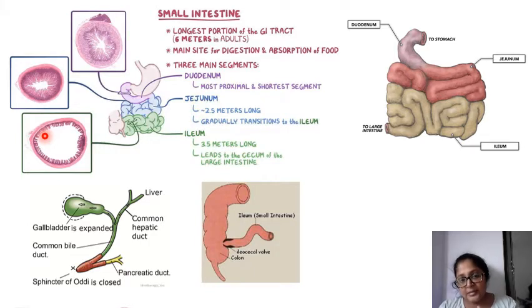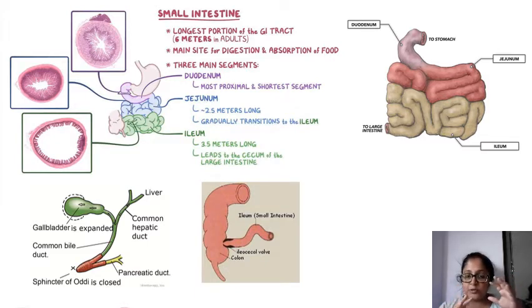The ileum is 3.5 meters long and leads to the cecum, the first part of the large intestine, guarded by the ileocecal sphincter. It controls the passage of undigested material from the ileum to the cecum.